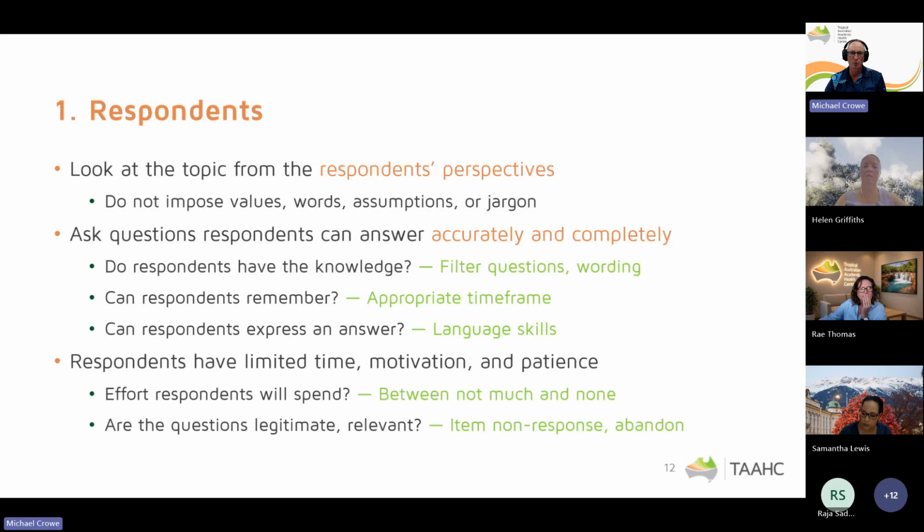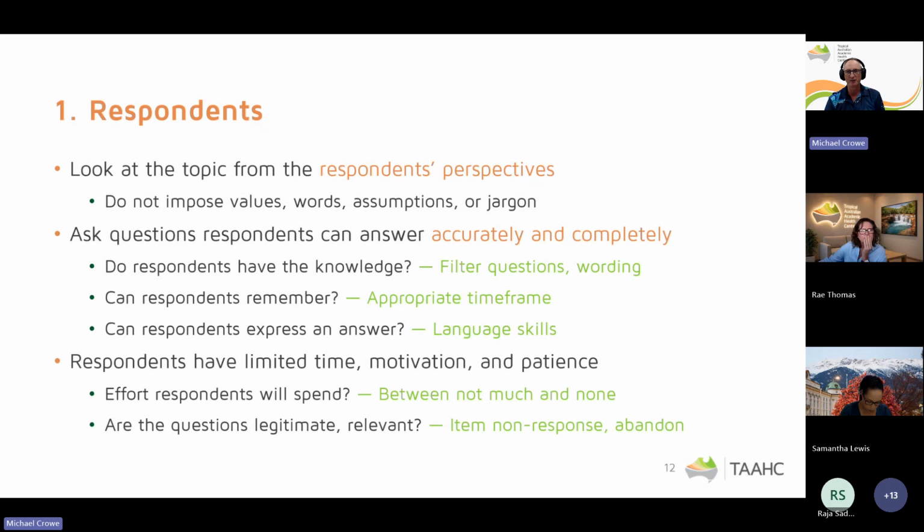So how much effort will a respondent spend on a questionnaire? There are some minor guidelines on that. And again, it does depend. But on face-to-face, stopping you walking down the street sort of things where people ask you questions, about a minute. And then they're heading off because they've got much more important things to do.